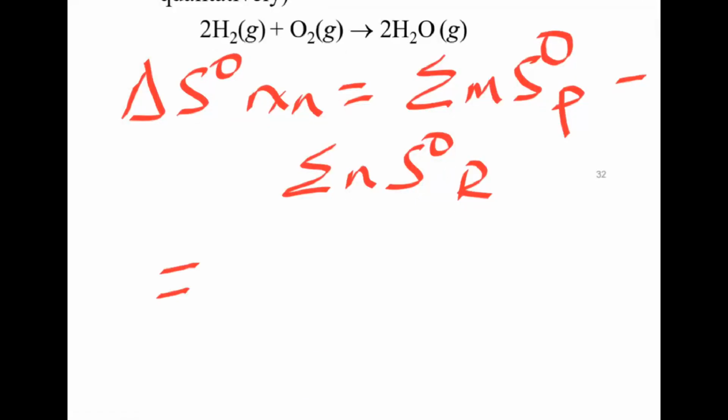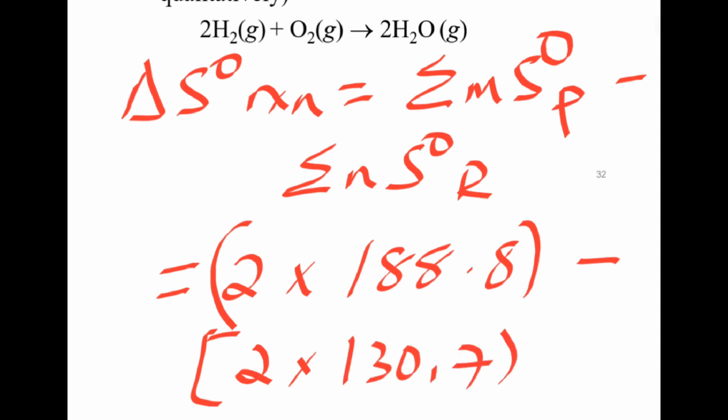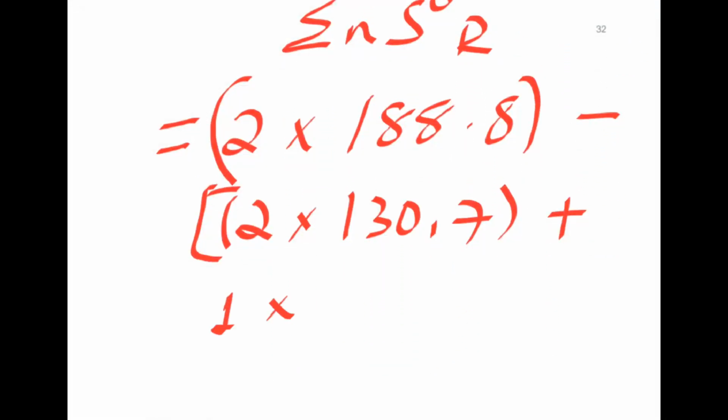So we have 2 moles of water, 2 times the standard entropy of water is 188.8, minus, we have 2 moles of hydrogen, 2 times the standard entropy value of hydrogen is 130.7, plus, we have 1 mole of oxygen, 1 mole times the standard entropy value of oxygen, which is 205.1.